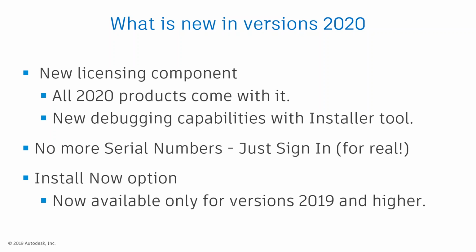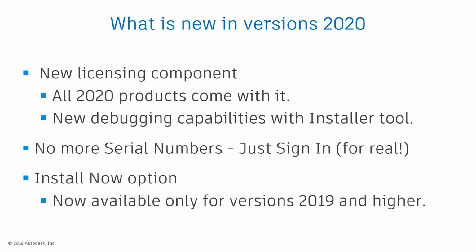You just needed to click sign in when the software started, enter your Autodesk credentials, and that was it. You didn't need to enter a serial number anymore. But that was a time when serial numbers were still very popular, and most of the licenses came with a serial number back then, standalone licenses we're talking.